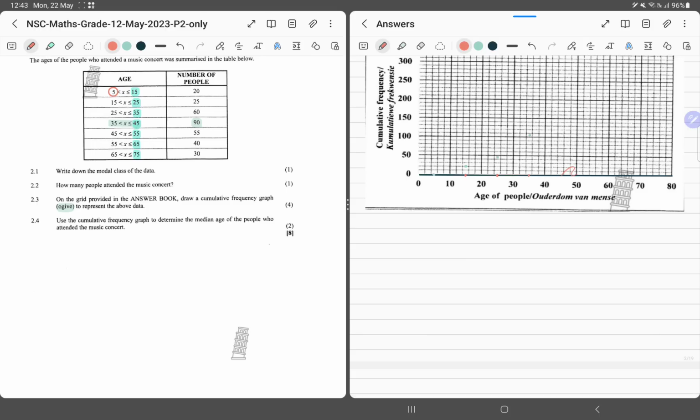The next one is 45. 45 is here. So 45 being there goes with, we just add 90 to that, which we have. It goes with 195. So 190 is here.